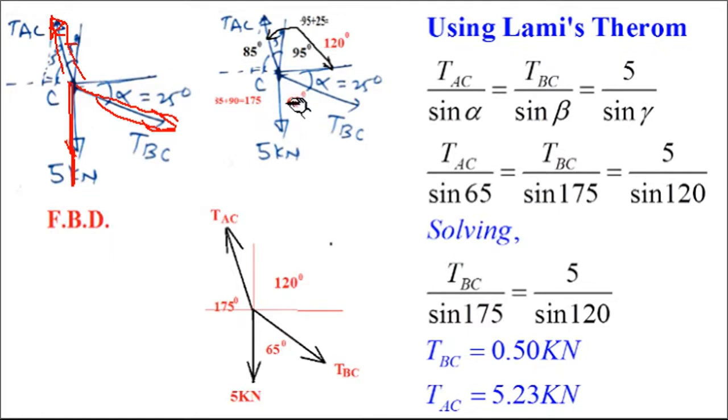First of all you find out the angle between the forces. If this is 5 degrees with vertical, the remaining will be 85.